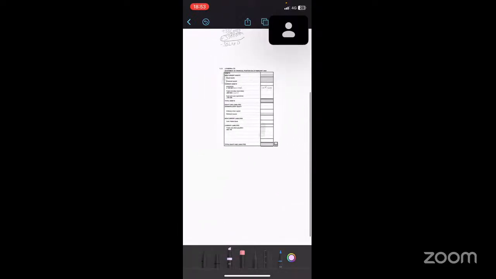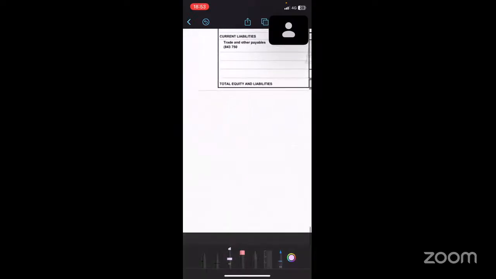So in this case, they're saying debtors with a credit balance must be transferred to creditors ledger. Provision for bad debts must be adjusted to 4% of debtors. So they're saying a debtor with a credit balance. Let's see, what do they mean by that? Do you guys know what they mean by that?